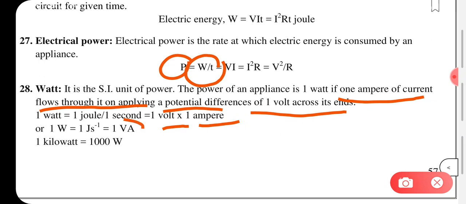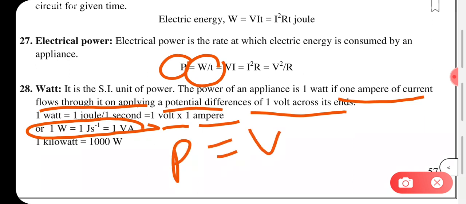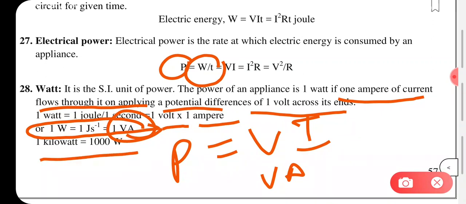This thing also you remember, that 1 watt is equal to 1 joule per second. Work done is measured in joules, and energy or amount of heat released is measured in joules per second. If we say P is equal to VI, then the unit for voltage is volts and for I it is ampere. And 1 kilowatt is 1000 watt. This also you should remember.